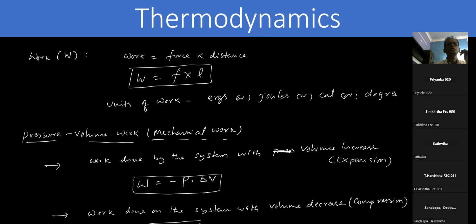You observe both formulas. Here we are getting a negative, here not. That is the difference. It is positive. W equals P delta V gives us the work when there is a decrease in volume in a system.